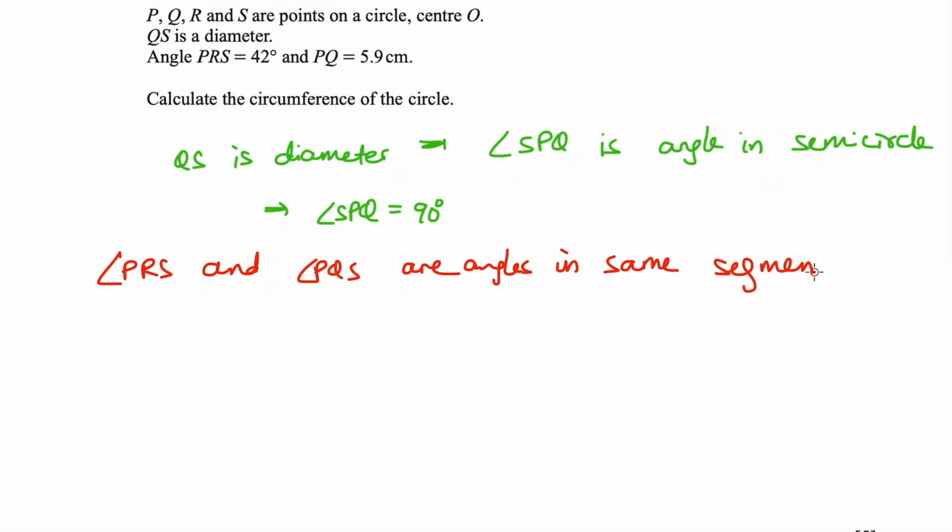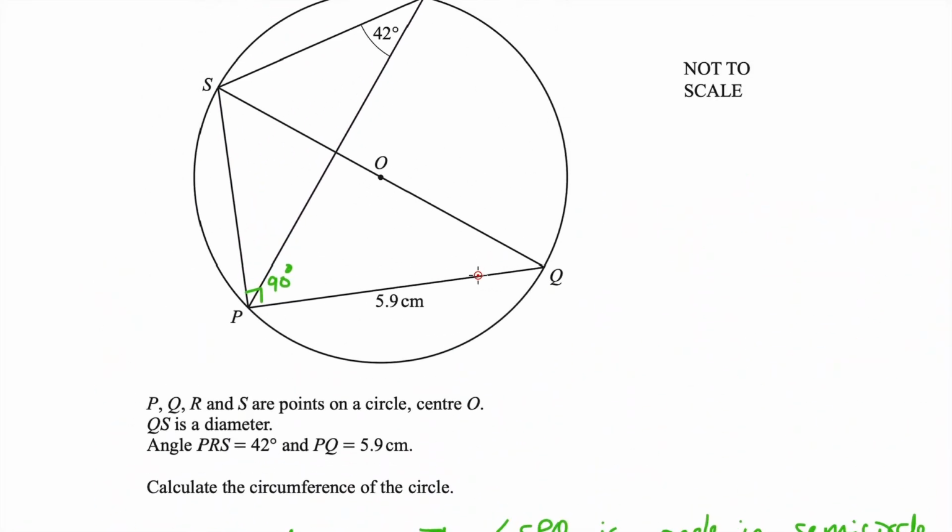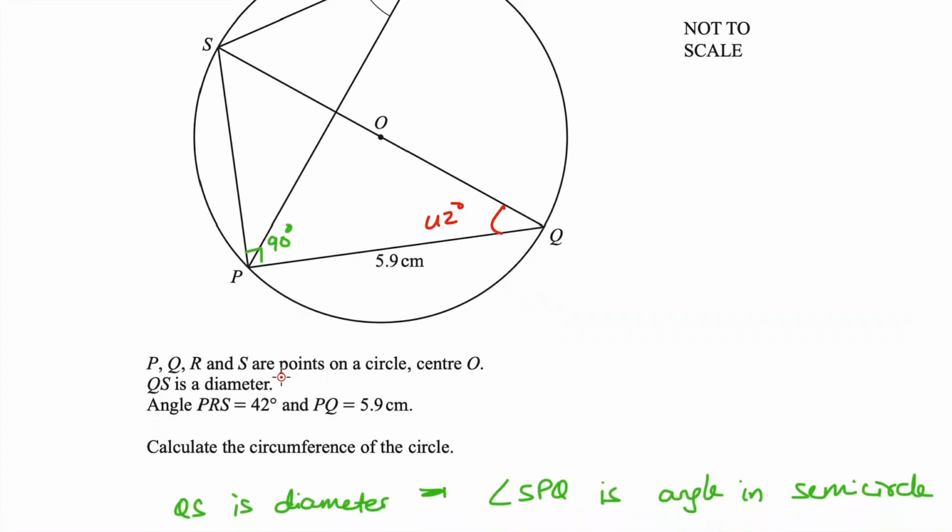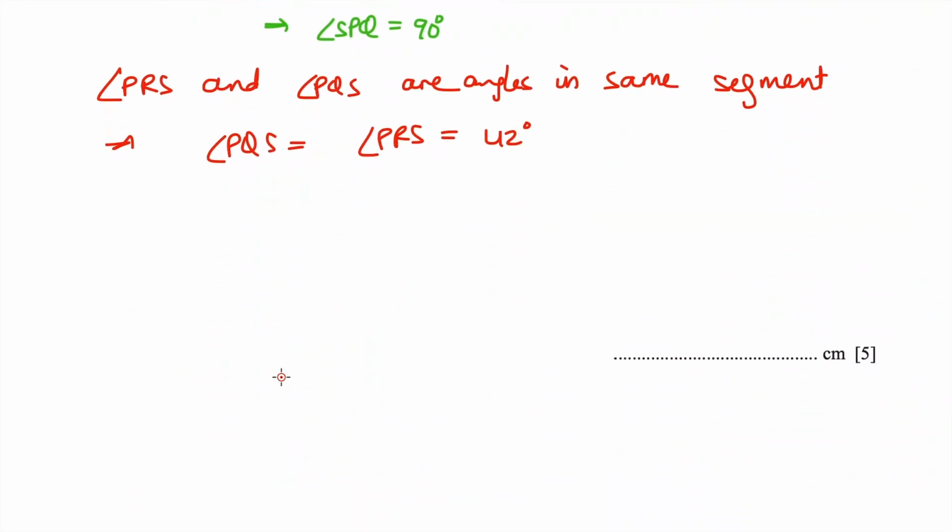And since they are in the same segment, that implies angle PQS is equal to angle PRS is equal to 42 degrees. So therefore, in this figure, we know that this is 42 degrees. This is 90, this is 42.